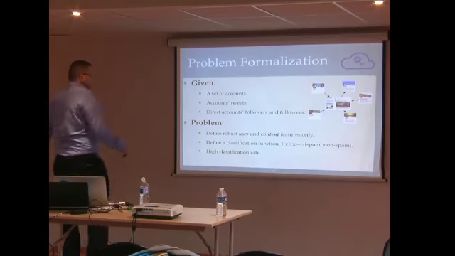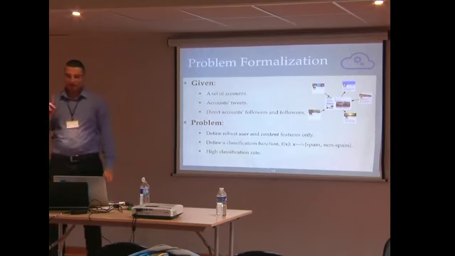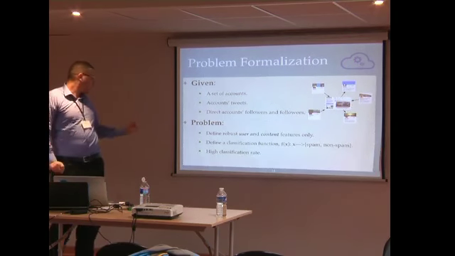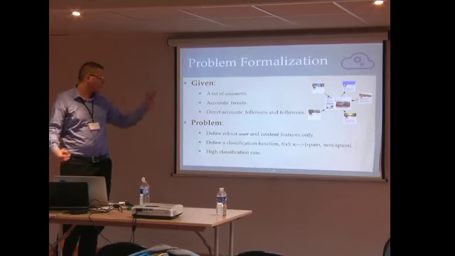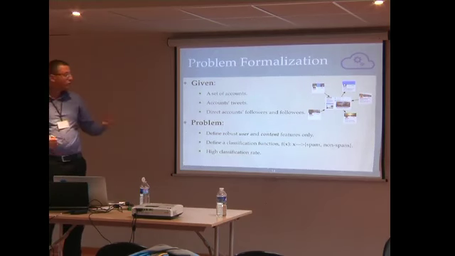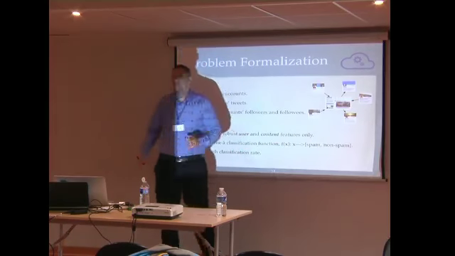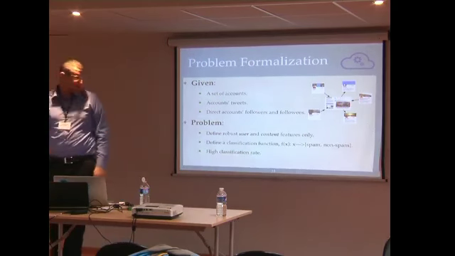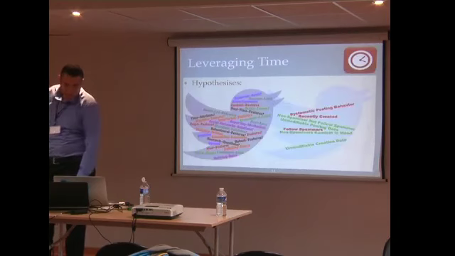So we need to define just user and content features, not graph features. And also we need to define a classification function that takes the features, which will be a vector of real numbers, to say whether this is a spam or non-spam account. That means spammer or legitimate user, and we need a high classification rate.